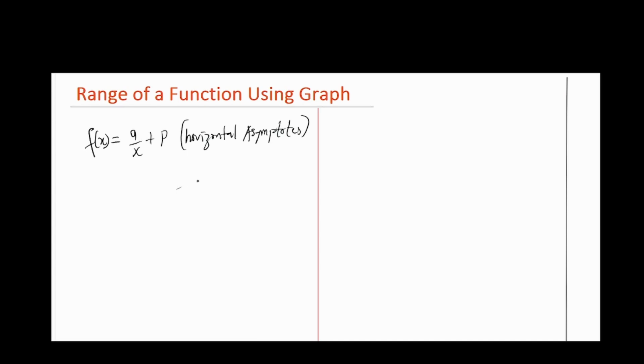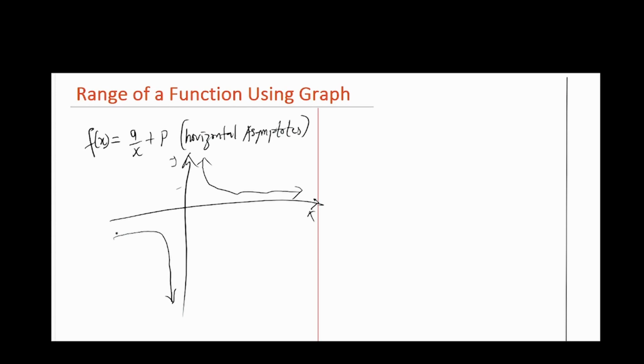Let's take this graph and we'll see what that means here. Now, if we have this graph, this is our y-axis and this is our x-axis, and we have the curve, which is usually of this form. We can as well have it here. Now the horizontal asymptote is the imaginary line.